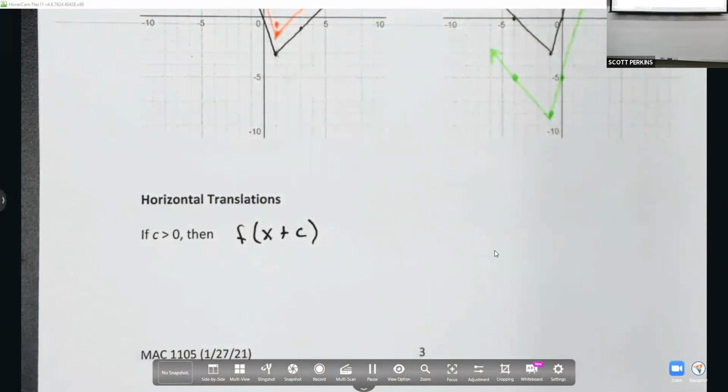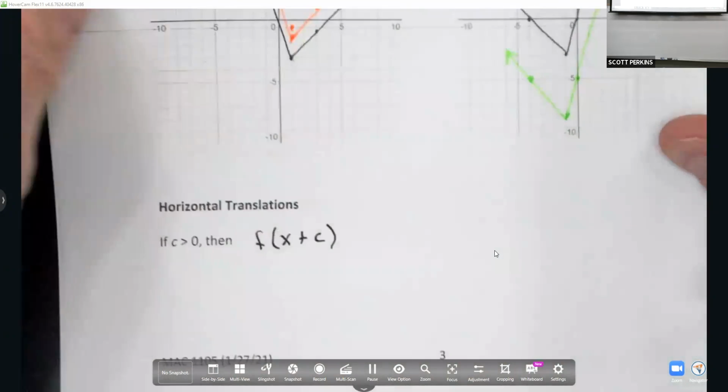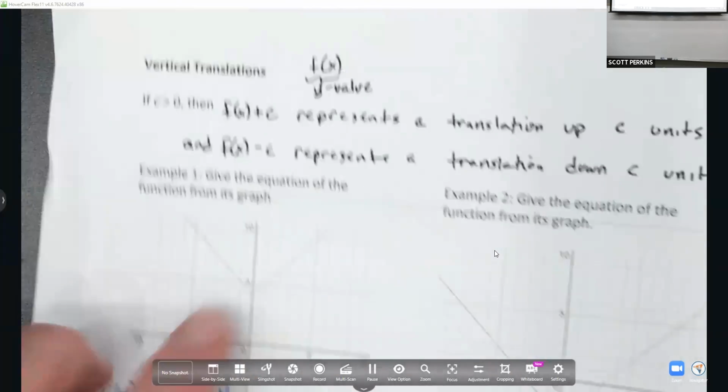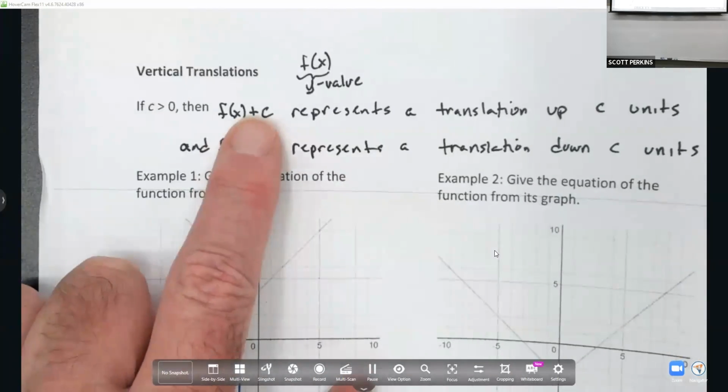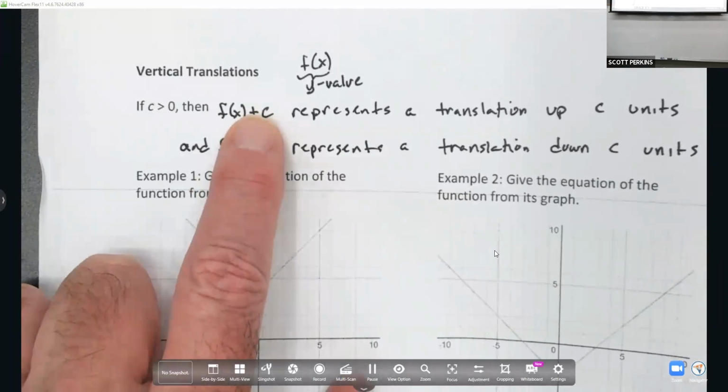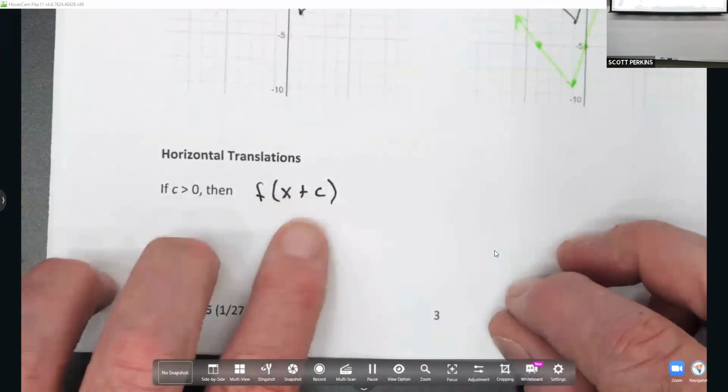Notice, and if you need to turn back to the previous page to notice the difference, what is the c attached to this time? The x. It's inside the parentheses. It's attached directly to the x. That is your clue that we're talking about a horizontal translation. So notice, just because I want us straight, on this, the c was outside of the function notation. This time, the c is inside with the x.